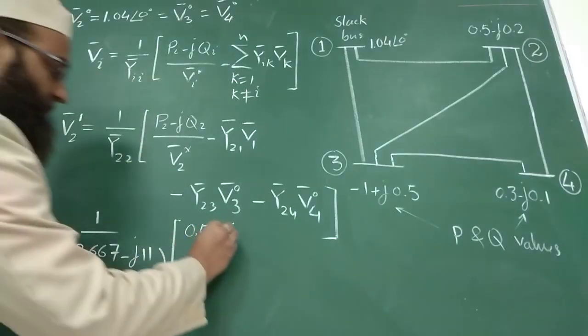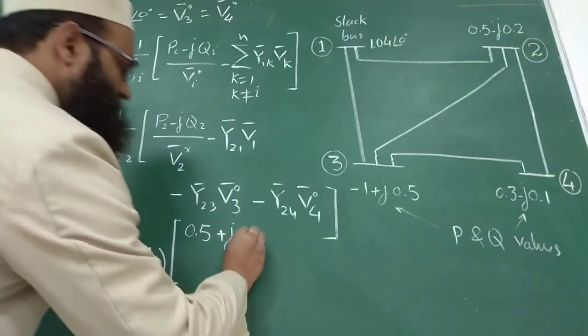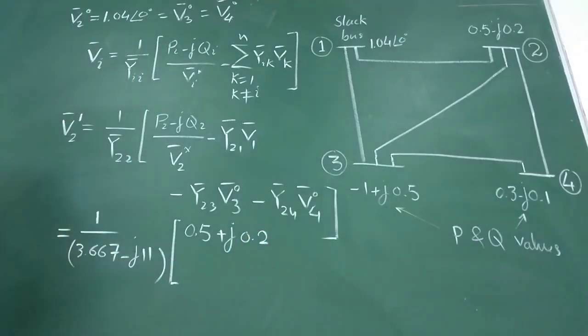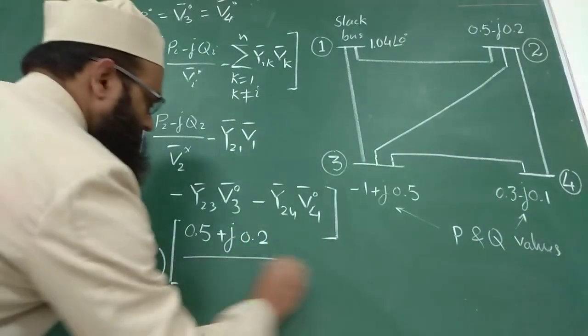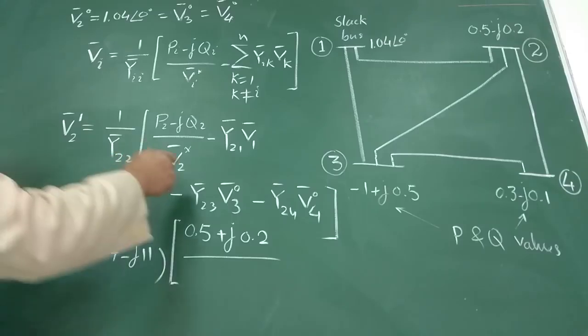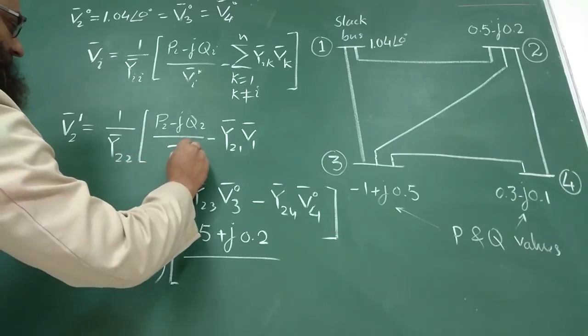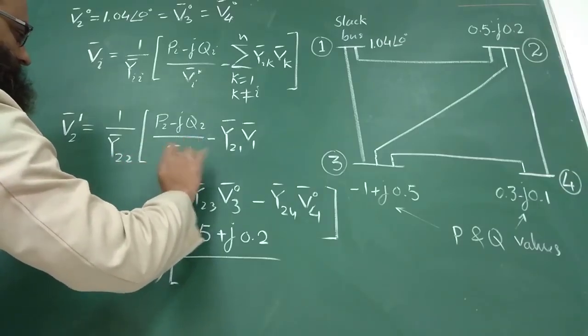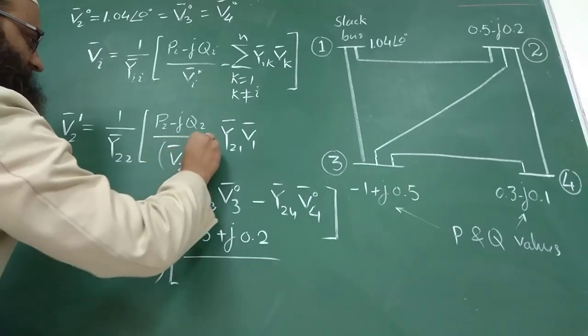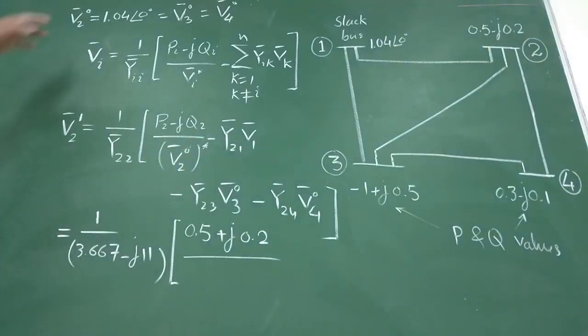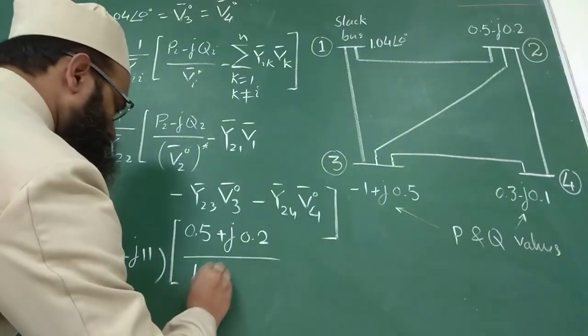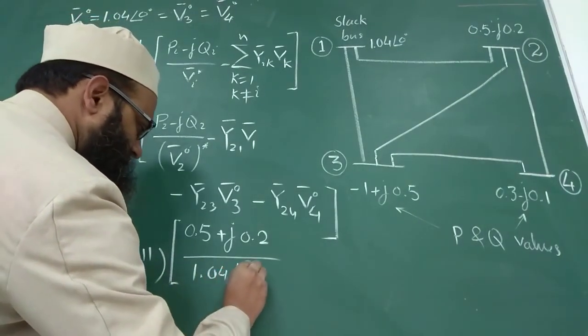So minus minus will now be plus 0.2 upon, and for first iteration this will be initial value, is not it? V20 star. So V20 you have assumed as, put the values quickly, 1.04 angle 0 degree.